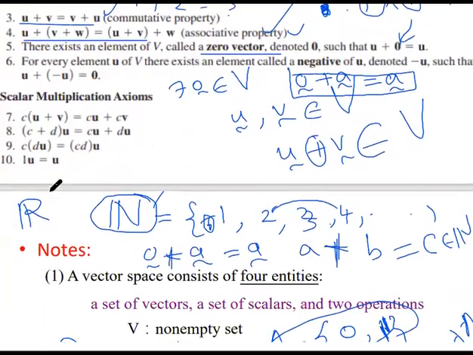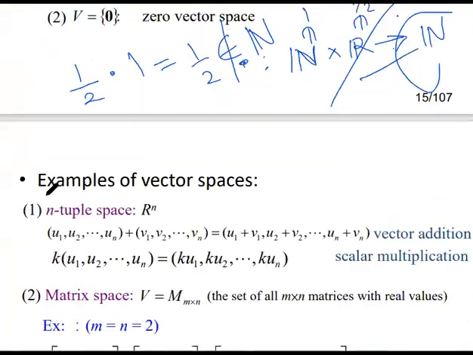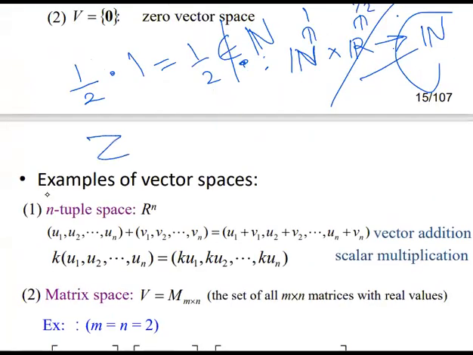For instance, Z, the set of integers: 0, plus or minus 1, 2, minus 1, minus 2, this set. This has 0 here.